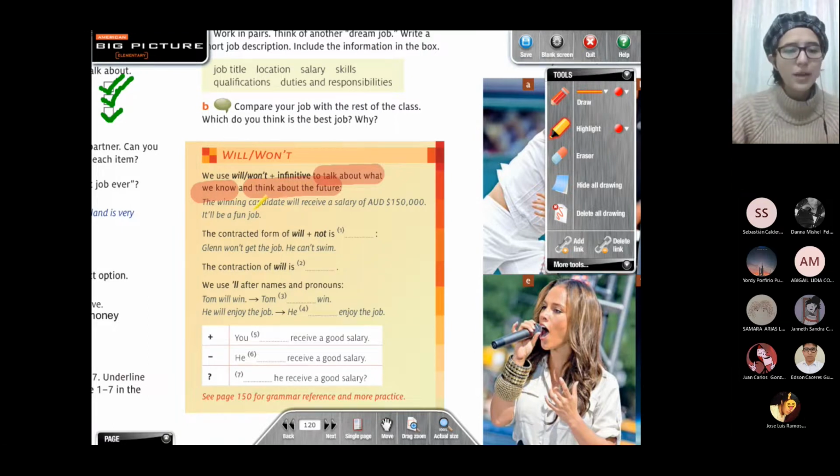For example, the winning candidate will receive a salary of 150,000 Australian dollars, right? Could be or could be not. Puede ser ese monto de dinero o puede ser que no, más los impuestos, I don't know. Could be less, right? Puede ser menos.